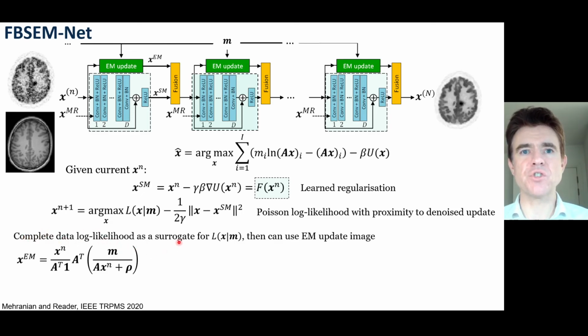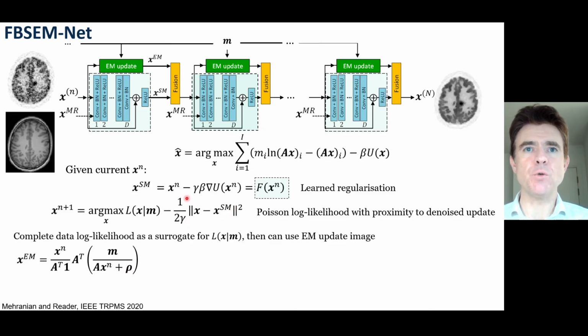We use that as a surrogate for the actual Poisson log likelihood using so-called incomplete data, the actual measured data M. Instead, we use the complete data log likelihood because we can use that as a surrogate function which we can maximize in one single step, and that's what we get with the expectation maximization update, because that's maximizing the complete data Poisson log likelihood. So that's the familiar EM algorithm.